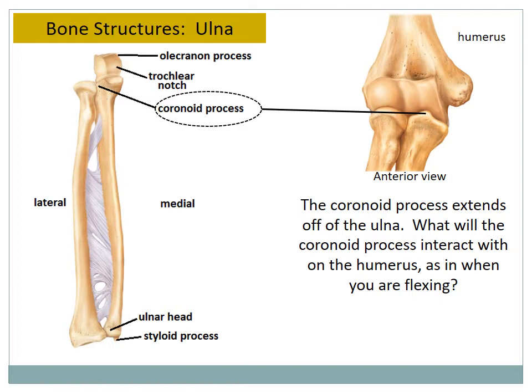The coronoid fossa is where that coronoid process will fit, okay? So this little boy is flexing a little bit. His coronoid process is fitting right into that coronoid fossa. Okay, now remember, coronoid fossa is in front, it's anterior. Olecranon is in back. It is posterior.